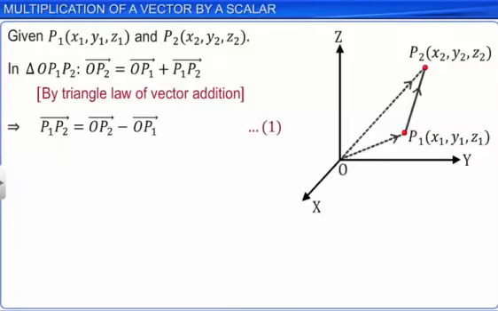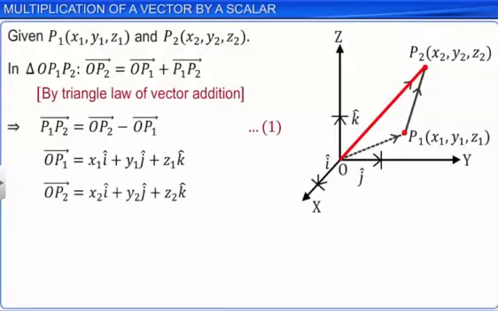If vectors i, j and k are unit vectors along the x, y and z axes, respectively, then vector OP1 in component form is given by x1 into vector i plus y1 into vector j plus z1 into vector k. Similarly, vector OP2 in component form is given by x2 into vector i plus y2 into vector j plus z2 into vector k.